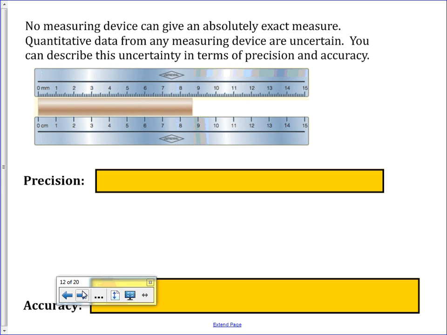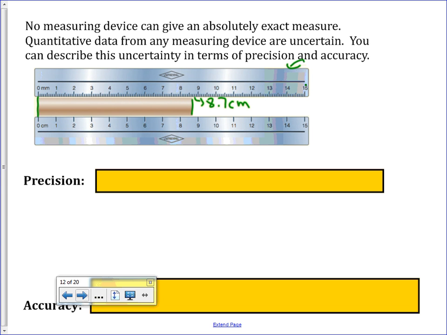And before we talk about precision and accuracy, looking at the example that we have on the board of those two rulers measuring the length of this object here, the ruler on the top, if you were to measure the length of that object, you would get 8.7 centimeters.